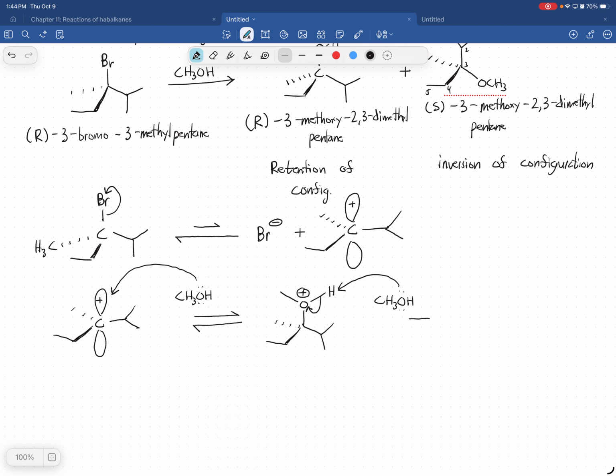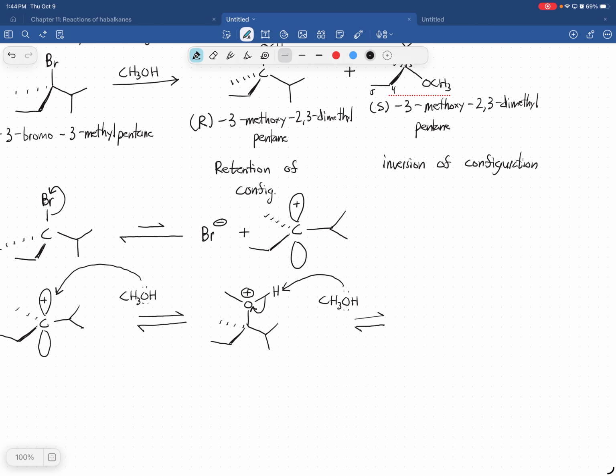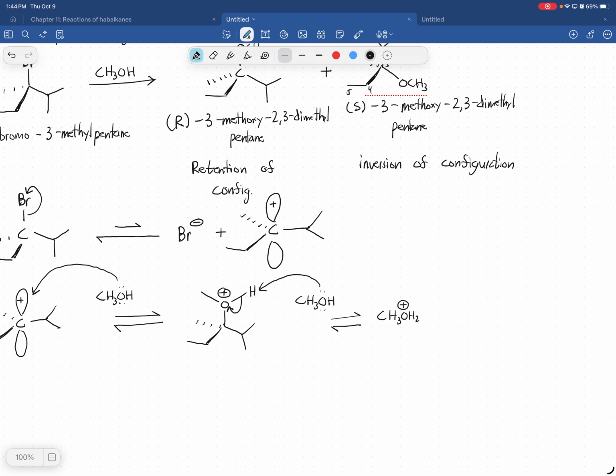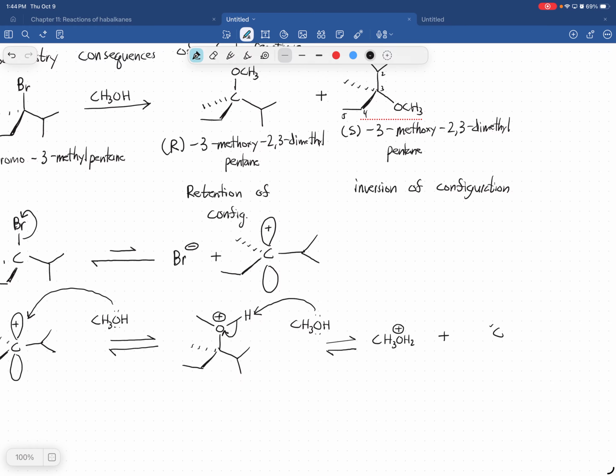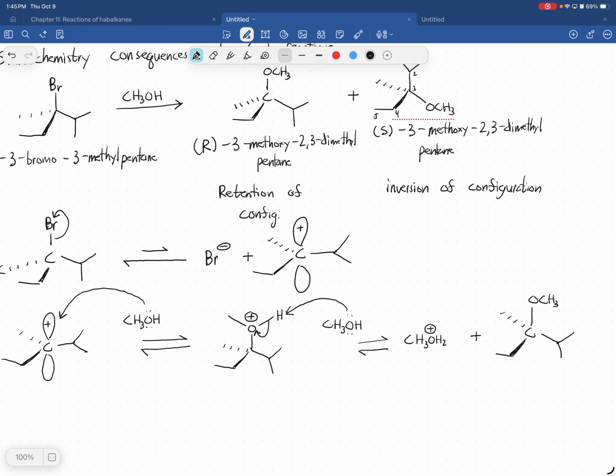And you get the first product, which is, well, you get your methanol that's protonated now, OH2 plus, and your first product, which was the R isomer, which is this guy, OCH3. That one. All right? So that's how it added from the top face.